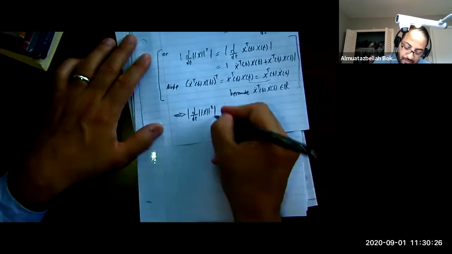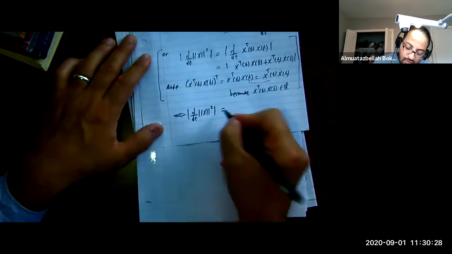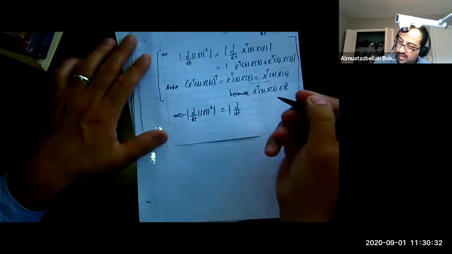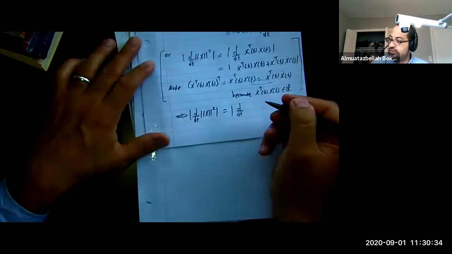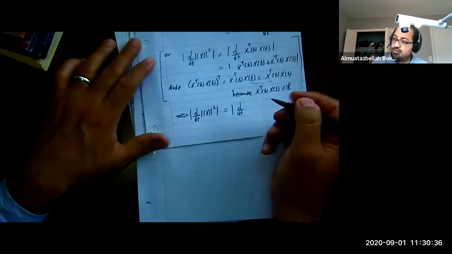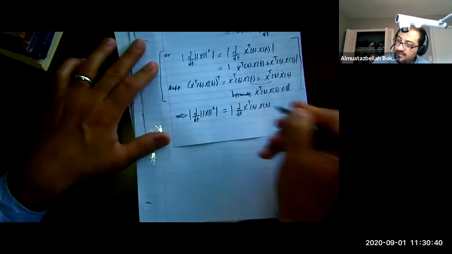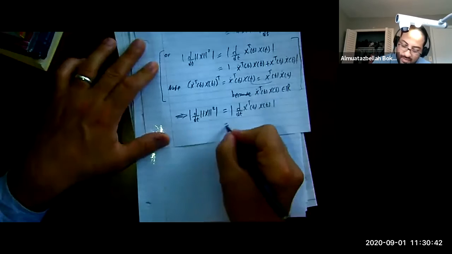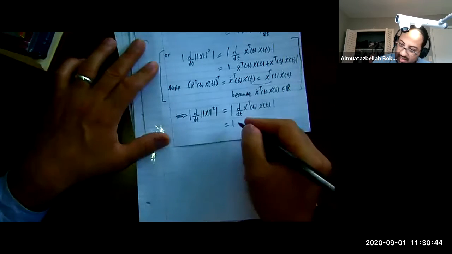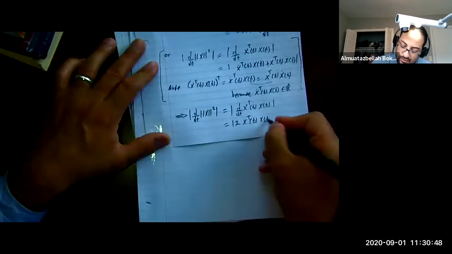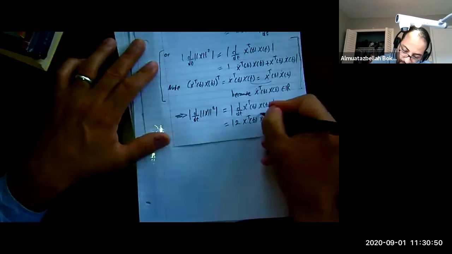Okay. So this is equal to the magnitude of d over dt of x transpose of t x of t, which is the same as, we just showed that, 2 x transpose of t x dot of t, sorry.